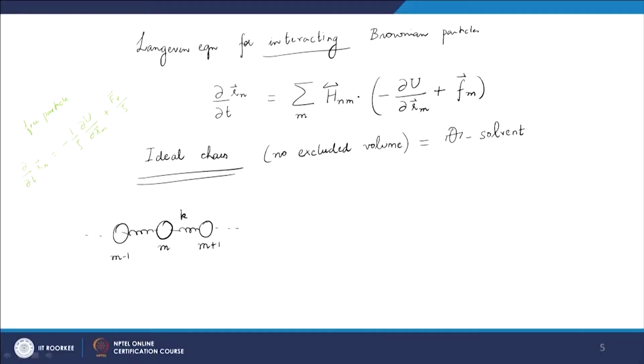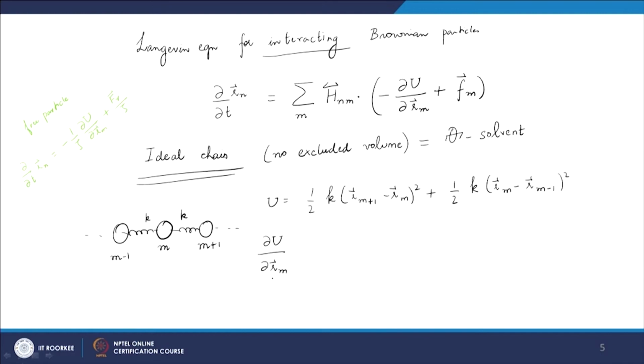And if I had the spring constant k, then the force acting on that bead, or the energy due to these two spring interactions, is given as something like that.